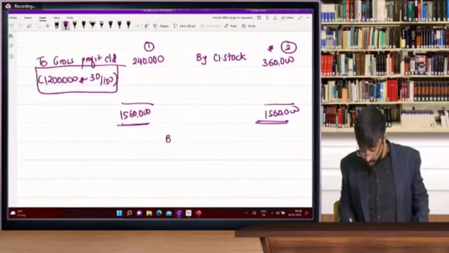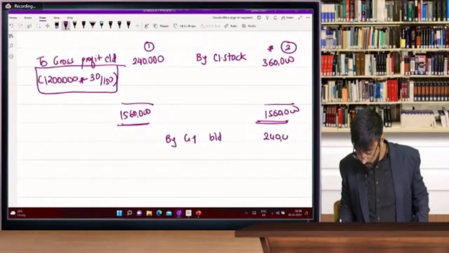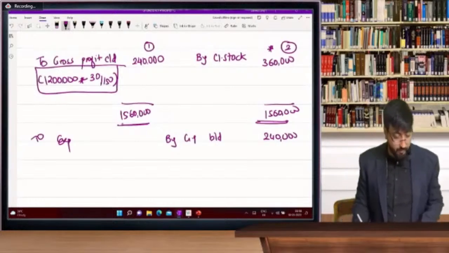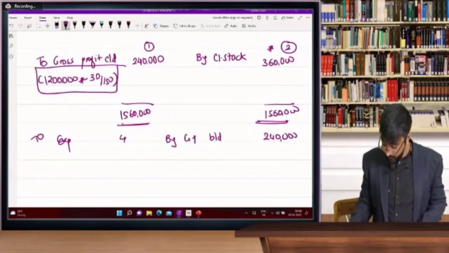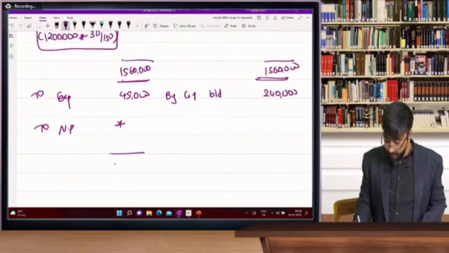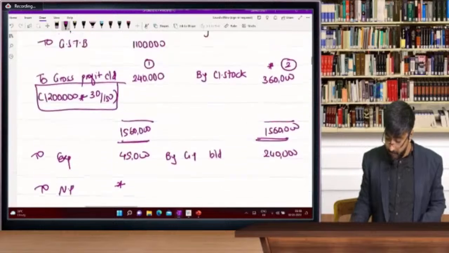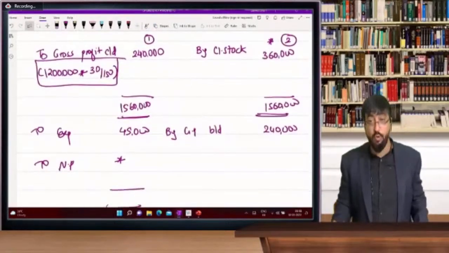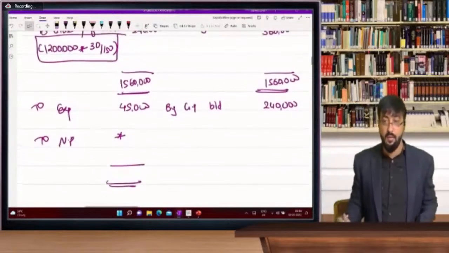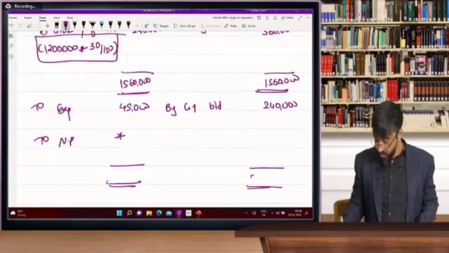By GP brought down. To expenses. And to net profit. So balancing figure is closing stock in this question. It's very easy. 240.